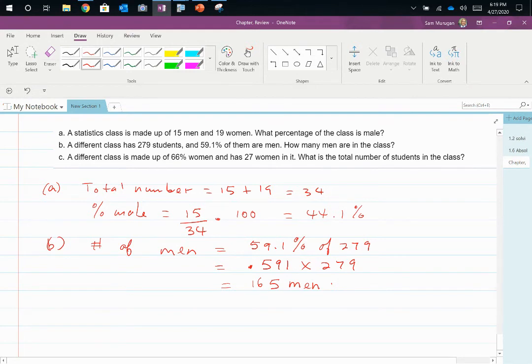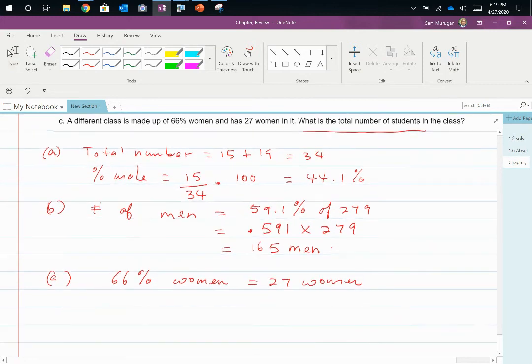In part C, it's saying a different class is made up of 66% women and has 27 women. What is the total number of students in the class?